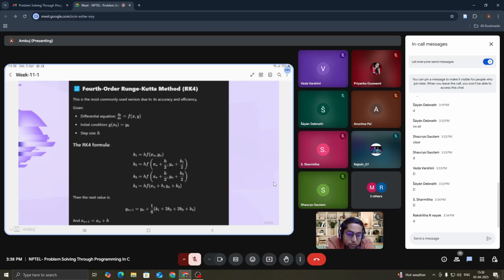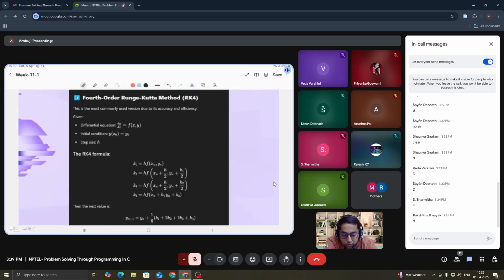K2 is h multiplied by f of xn plus h by 2, yn plus k1 by 2. K3 is h into f of xn plus h by 2, yn plus k2 by 2. K4 is h into f of xn plus h, yn plus k3. These are the four different coefficients you have to find in the Runge-Kutta method.